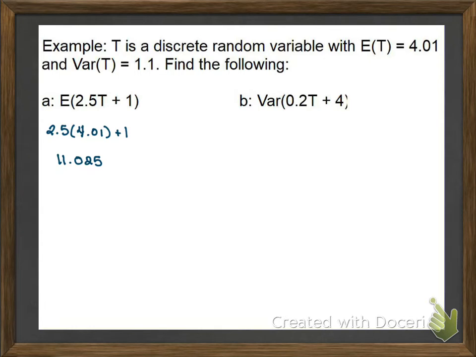So 2.5 times 4.01 plus 1 is 11.025. For our variance, that value we're adding won't actually affect it. It will be a squared times our original variance, so 0.2 squared times 1.1. Our new variance is 0.044.